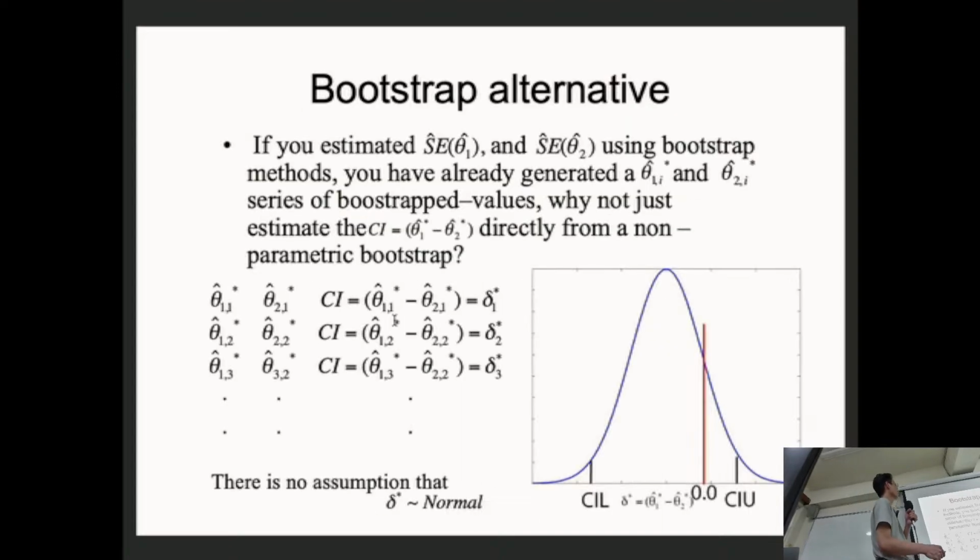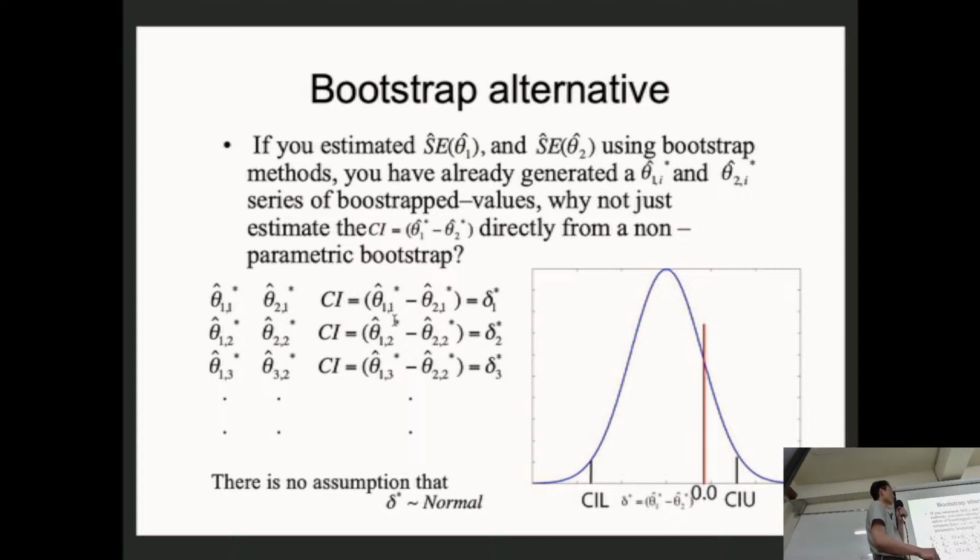But during the process, in fact, you generated many theta 1 hat i and theta 2 hat i, right? You generate a lot of samples. And then you can generate a lot of differences in mean: difference 1 star, difference 2 star, difference 3 star. So you generate many differences in mean.